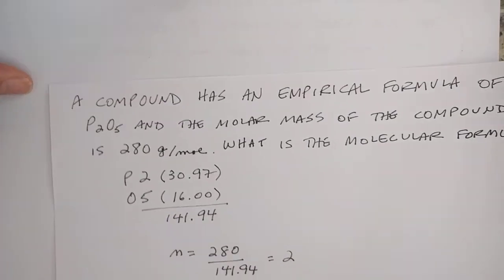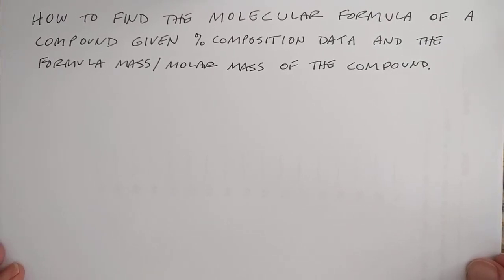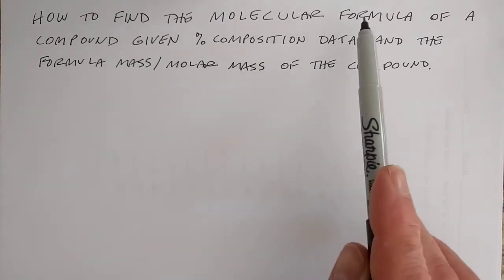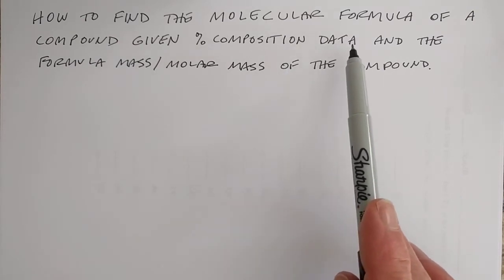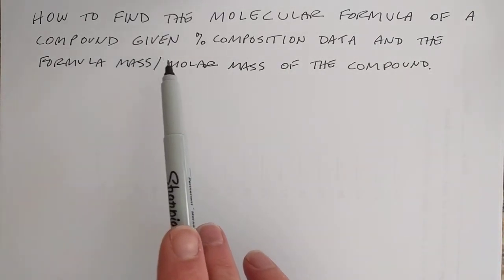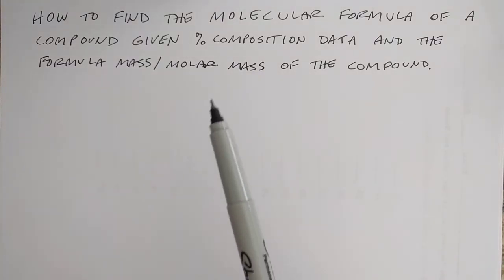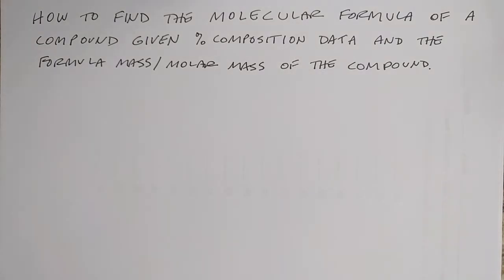Okay, now we're going to look at something a little more complicated, but not too bad. We can do it. We're going to learn how to find the molecular formula of a compound given the percent composition data and the formula mass or molar mass of the compound. So now we're going to have to figure out the empirical formula to be able to get to the molecular formula. So we're going to go back to that poem that we wrote for empirical formula, and we're going to add to it.